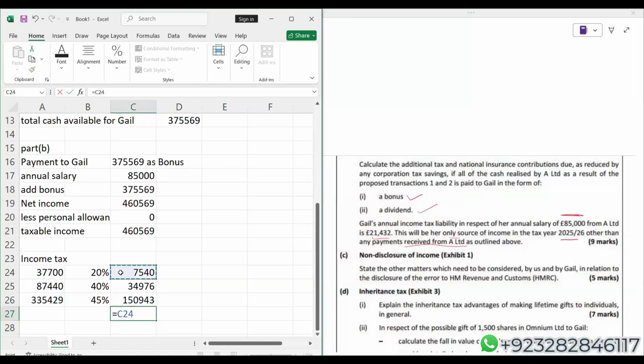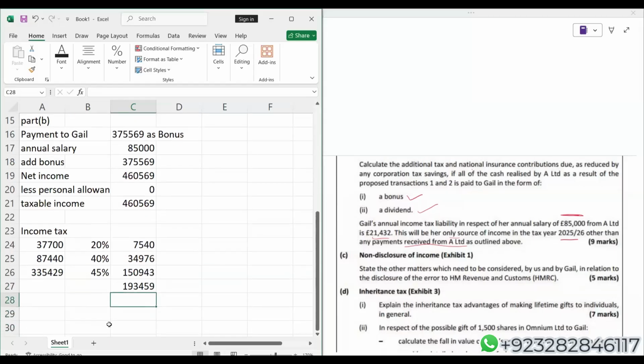Let's add all of them. This is your income tax liability.